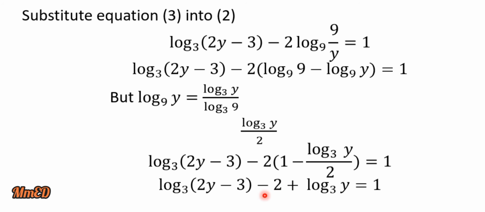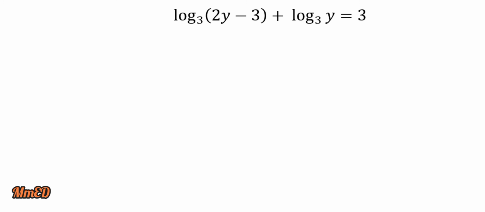So we have the negative 2 with the minus 2 going to the other side of the equal sign to be plus 2. So we have this expression here, which will give us 3. So 1 plus 2 is 3. So we have this expression.